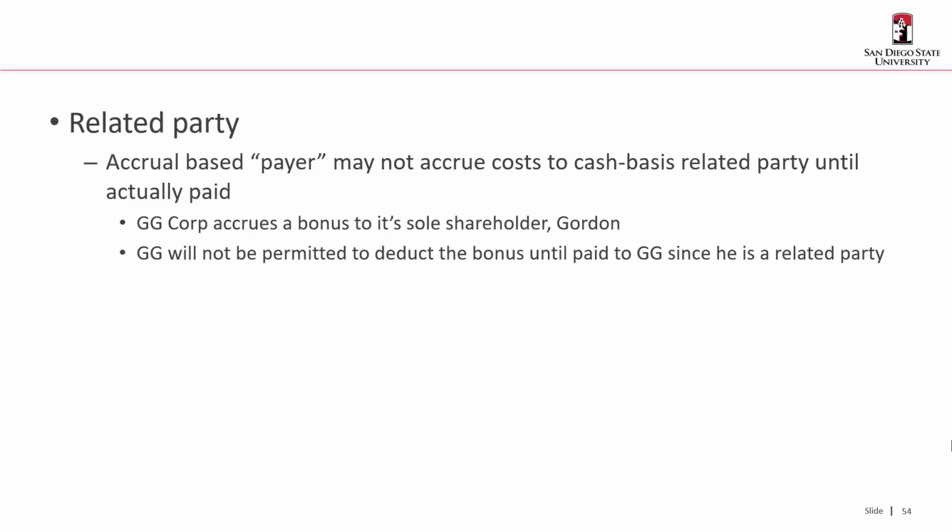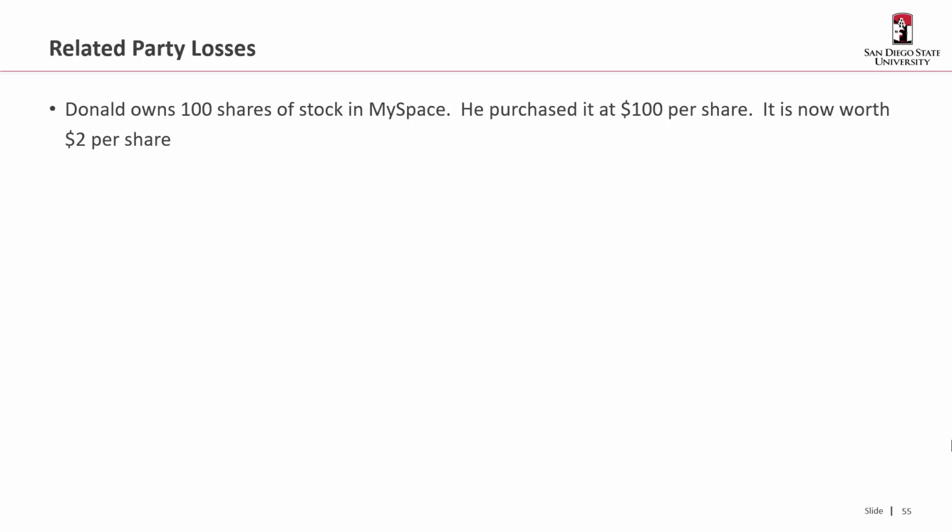So GG Corp accrues a bonus to its sole shareholder, Gordon, and normally it might have every right to do so, but GG Corp will not be permitted to deduct that bonus until it is paid, because Gordon is a sole shareholder, therefore he is a related party, and they will not be permitted to take that deduction until they actually pay the bonus.